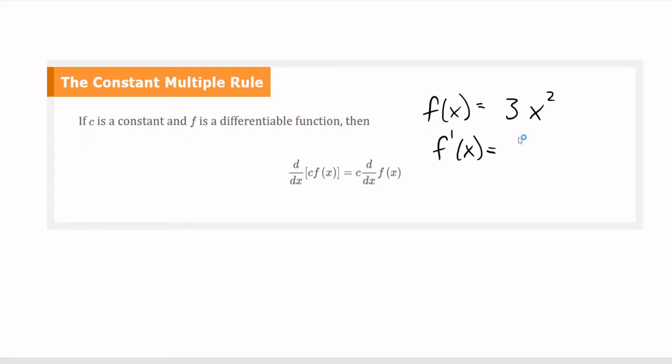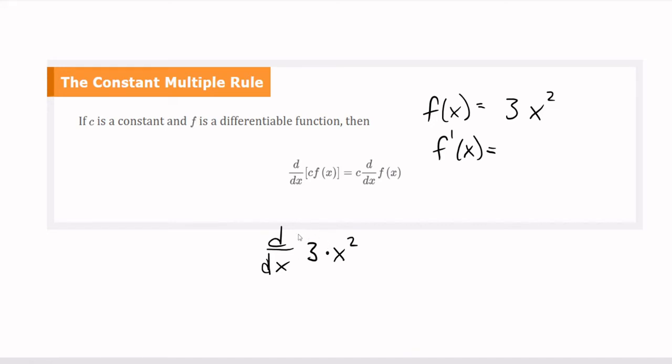True, but we have the constant multiple rule now, which says this 3, I don't care about this right now. Get it out of here. And what does that look like? And this notation is better to see what's happening. And hopefully when you see this happen, you go, oh yeah, I remember this from the limits.